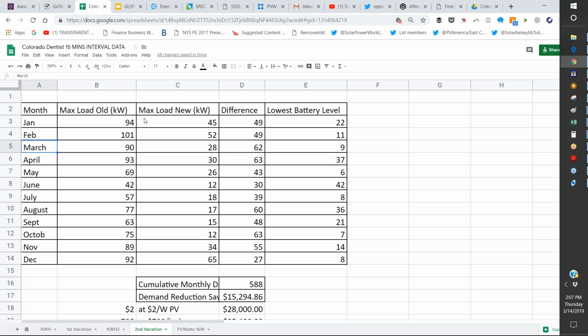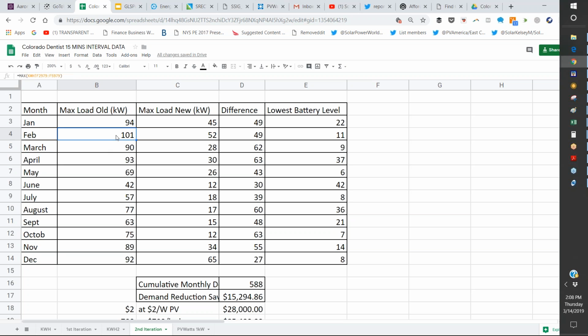And so I'm looking at each load, and then instead I've gone and created a different demand target for every month of the year and try to see how low can I level the demand to still not have my battery bank go negative, and try and pick the best month of the year.